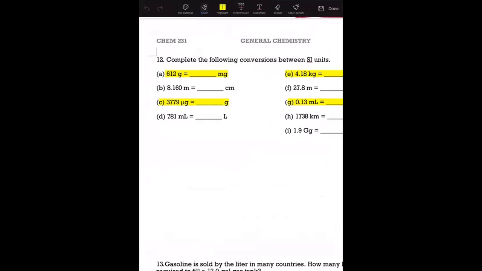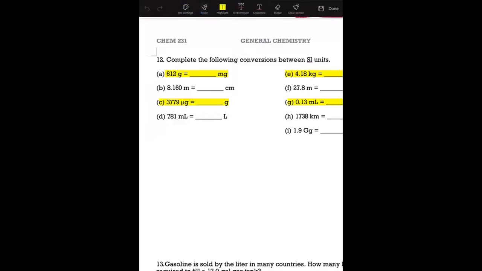So here's a rule of thumb. Remember milli, that prefix is 1/1000th. Anytime I'm going from a larger unit to a smaller unit, the number that I'm converting to is going to get bigger. If I'm going from a small unit to a large unit, the number is going to decrease. Let me write that somewhere up in here.